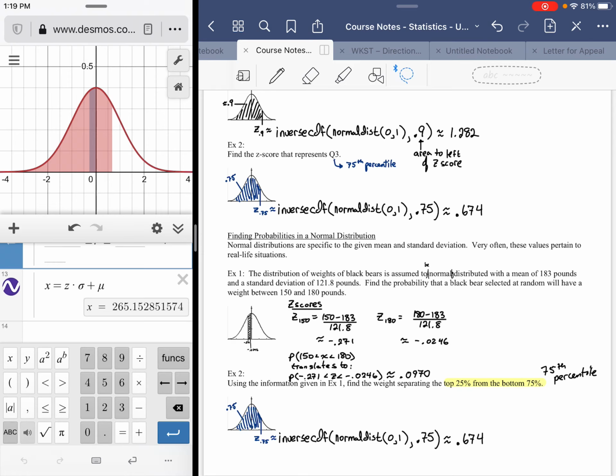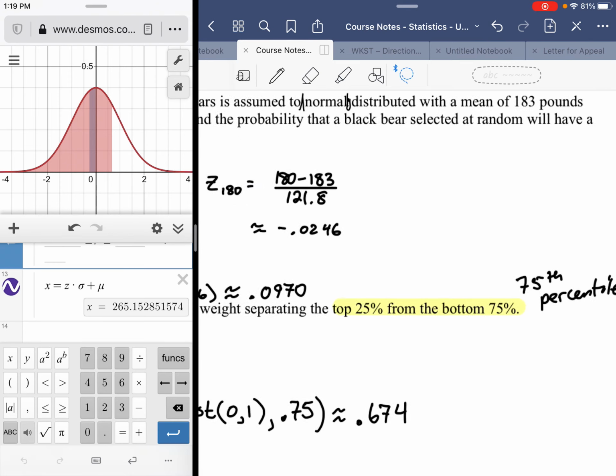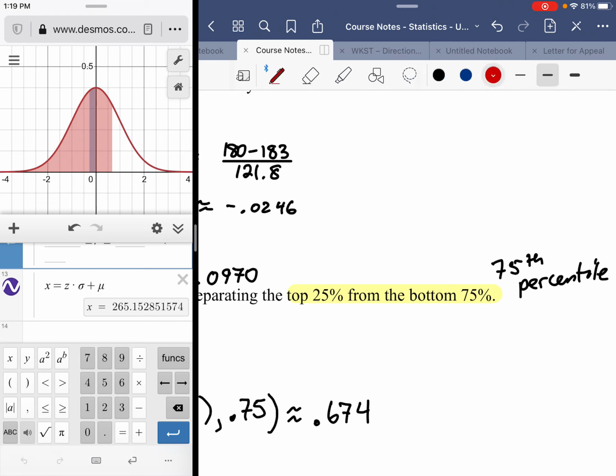And let me just tell you theoretically what this is actually doing for us. All right, so we have the z-score formula with a known z, but an unknown x.